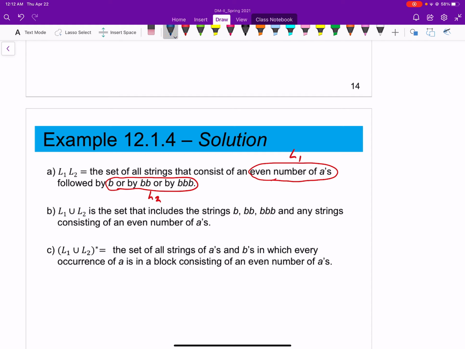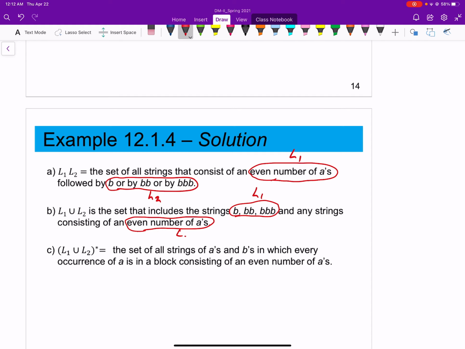Now go to part B. Now you have to find L1 union L2. It is the set that includes the strings B, BB, BBB. That means L2, and any string consisting of an even number of A's, which is L1.